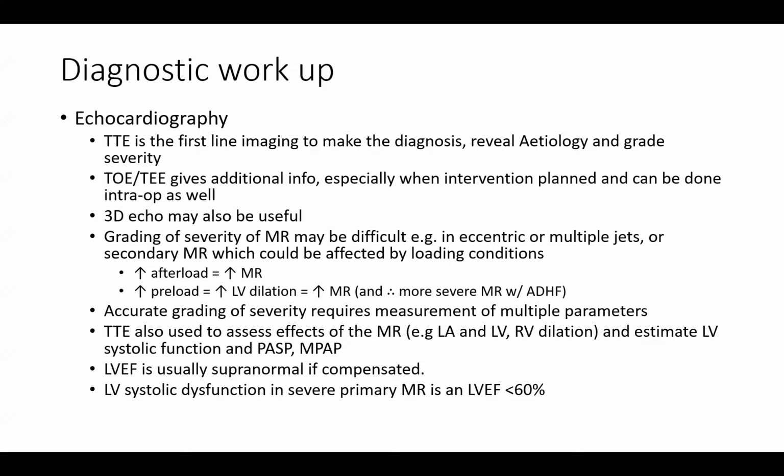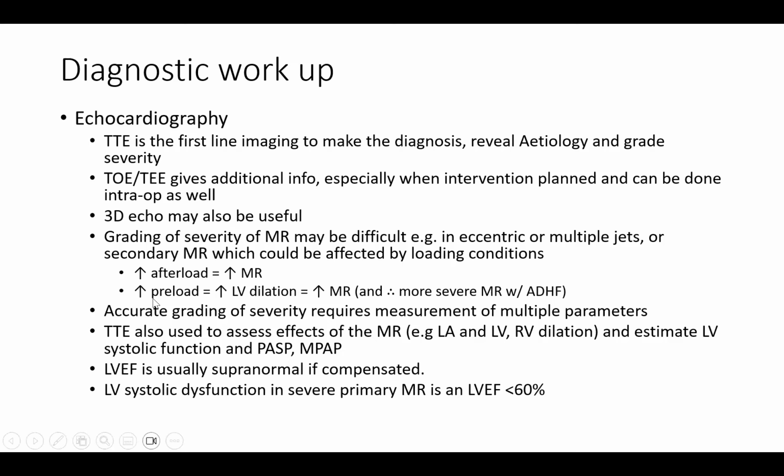Transesophageal will typically give additional information, especially when intervention is being planned, so as to properly characterize the mitral valve apparatus. And there might be need for intra-op transesophageal echo. 3D echo can also be particularly useful, especially when intervention is being planned as well.